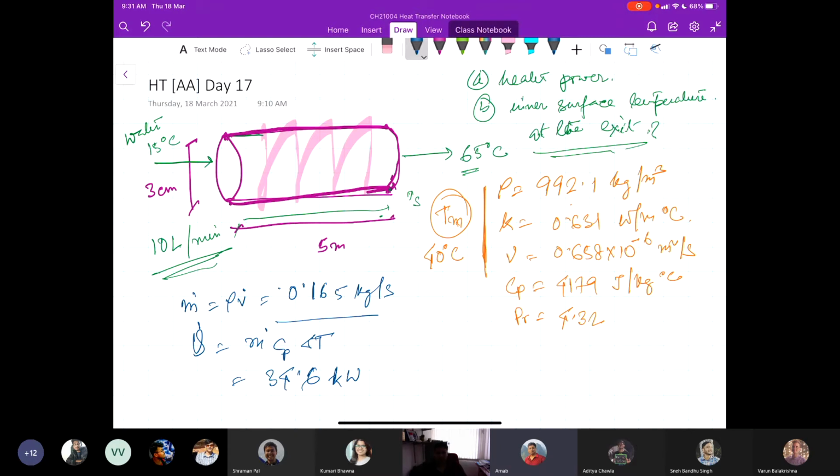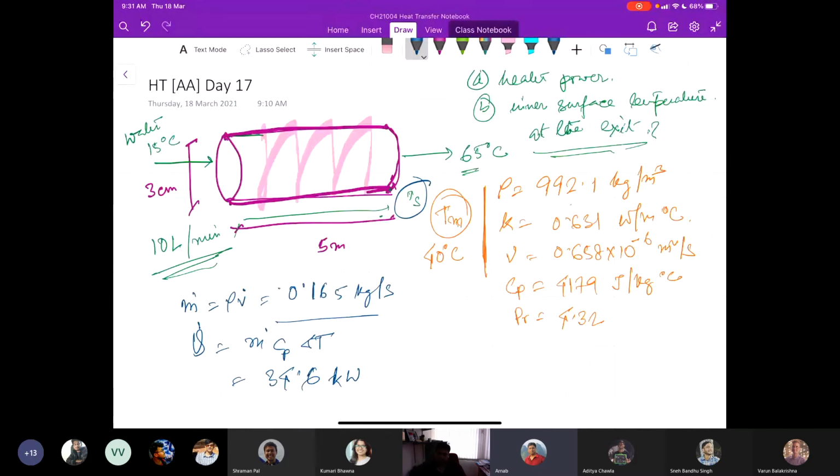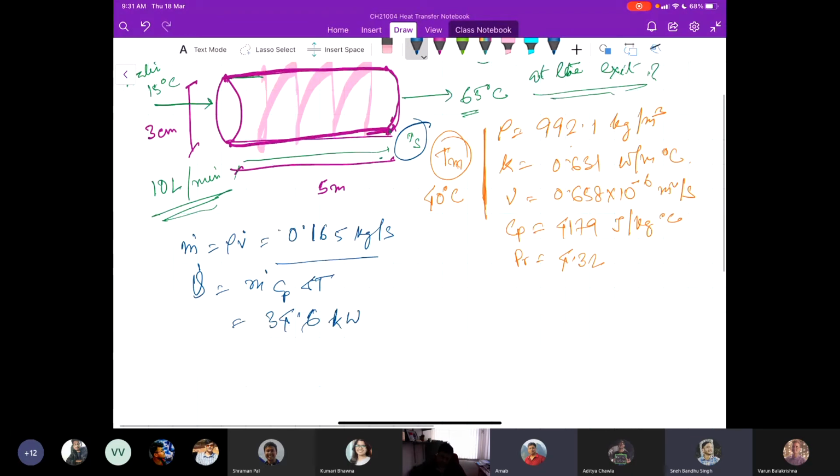Now the question is, what is the surface temperature at the exit? How do you do that? We know this Q dot.